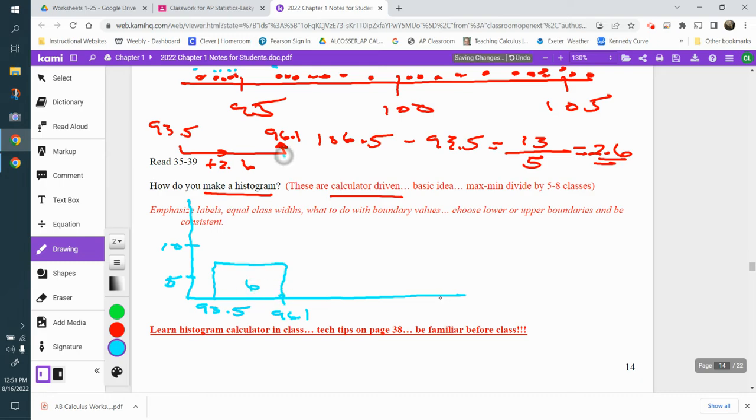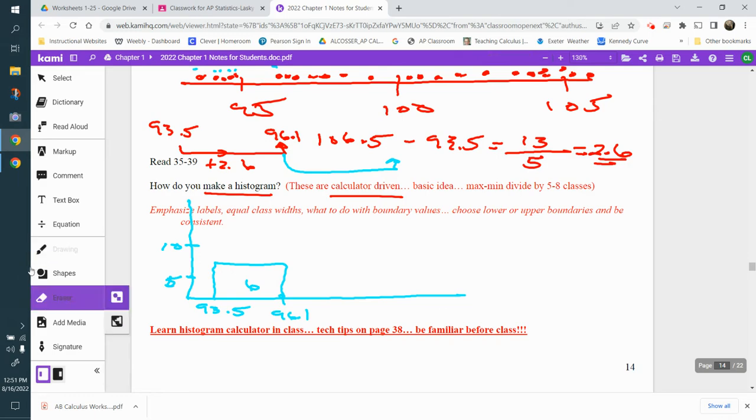And then I add 2.6 again. I know this is getting convoluted, guys, so let me erase a couple of things here. All right.